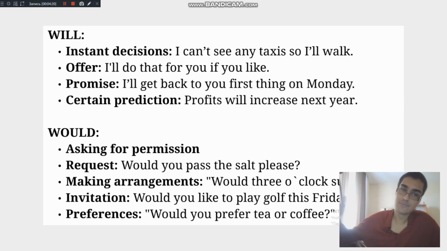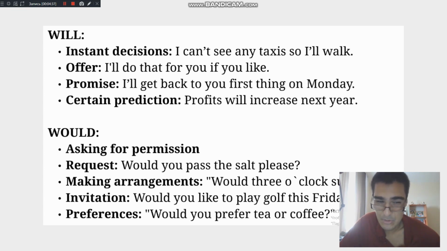Something will happen means it will happen for sure. And would is like could: you can use it like could and may for asking for permission, and it is also a more formal way to say it. You can also make requests and invitations with it.